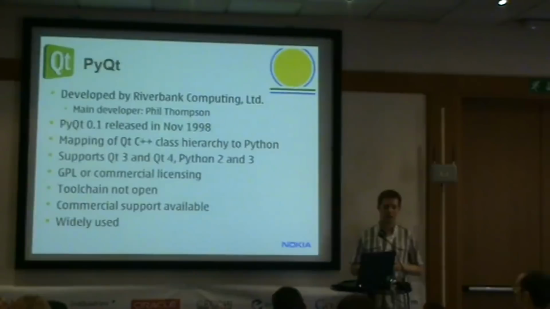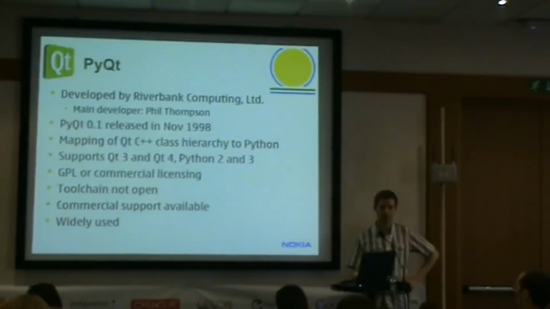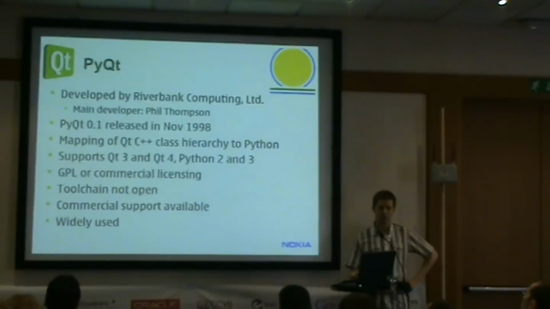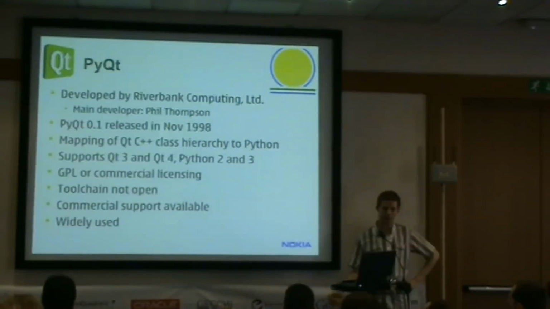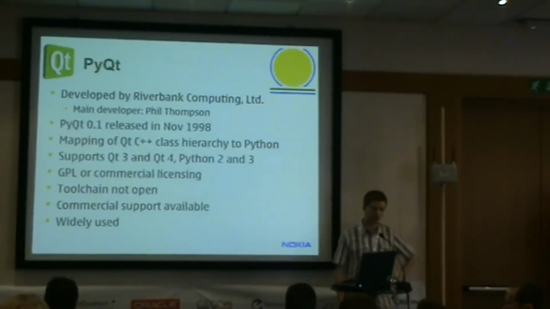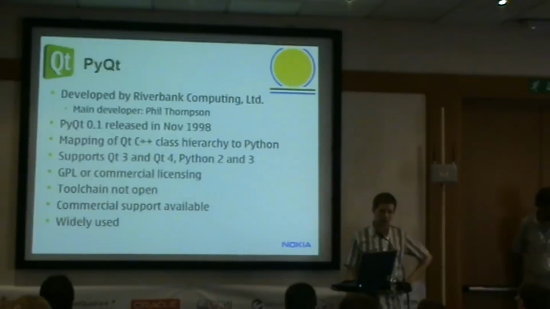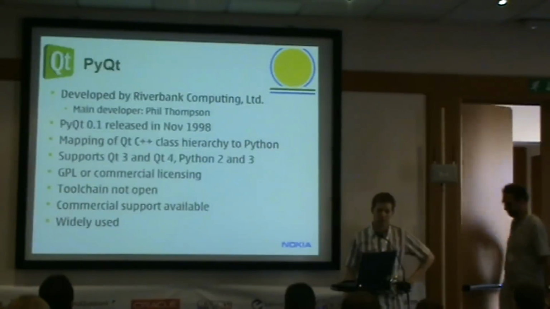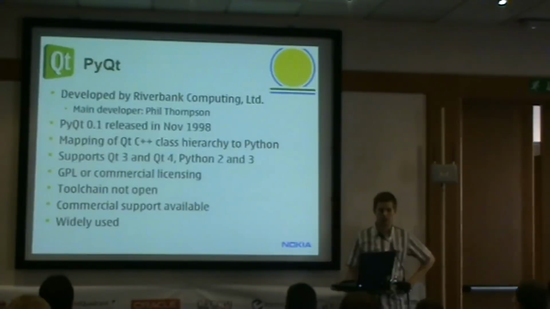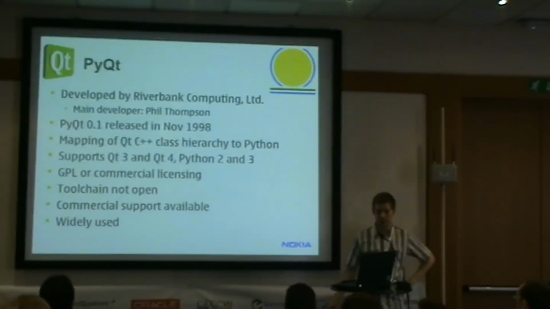and it's a fairly complete thing. Only some things which don't make sense to have in Python are not present, and the support for different versions is very good. So there is support for Qt 3 and Qt 4, as well as Python 2 and 3, and there's GPL and commercial licensing available, and related to that, commercial support as well.